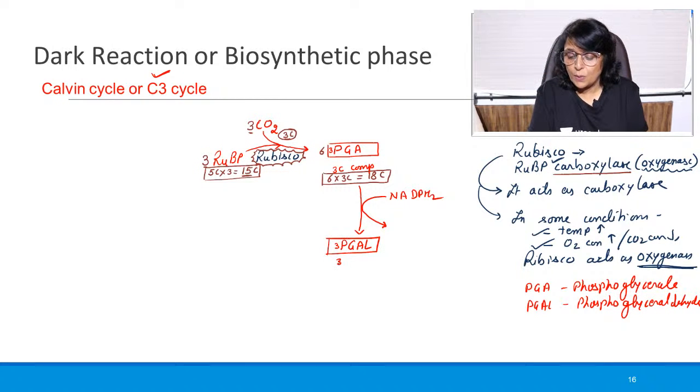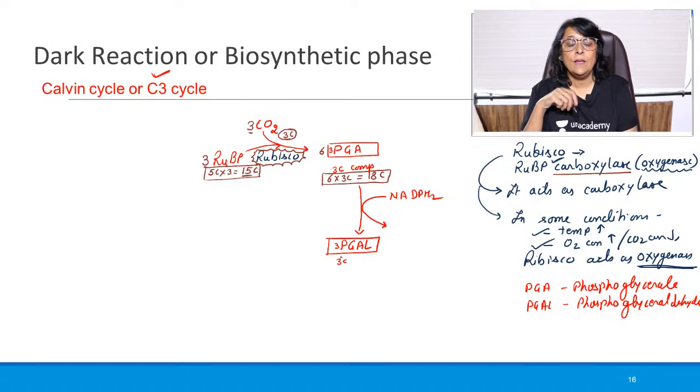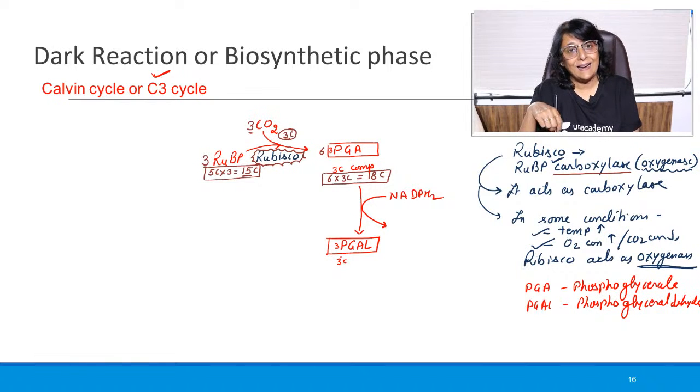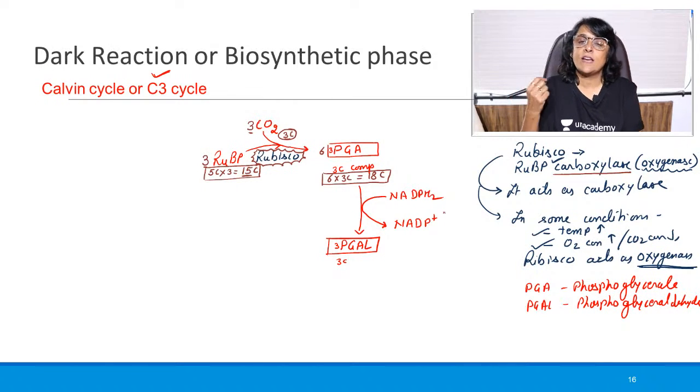This is also a 3-carbon compound. Phosphoglyceric acid is also a 3-carbon compound and phosphoglyceraldehyde is also a 3-carbon compound. So which molecule got reduced? It is acid into aldehyde. And what is oxidized is NADPH2. So we get now NADP. This is redox. So one molecule is getting oxidized, the other is getting reduced.